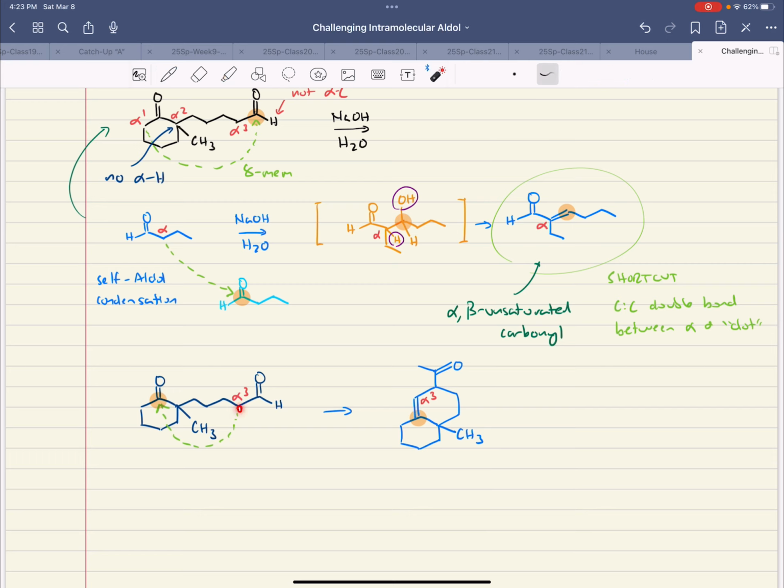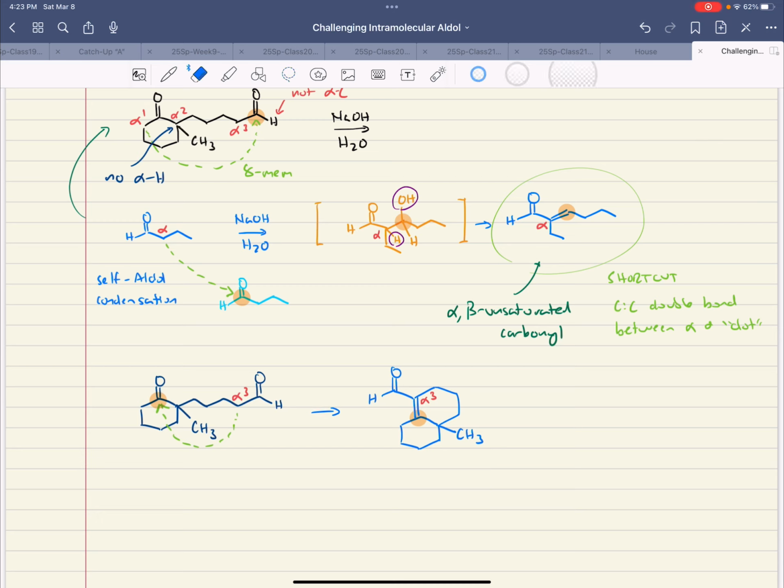I said alpha carbonyl, but not part of the ring. Right now, this is too far away and incorrect. We have this. There it is. And we have now this group. So you see how easy it is to make a mistake?